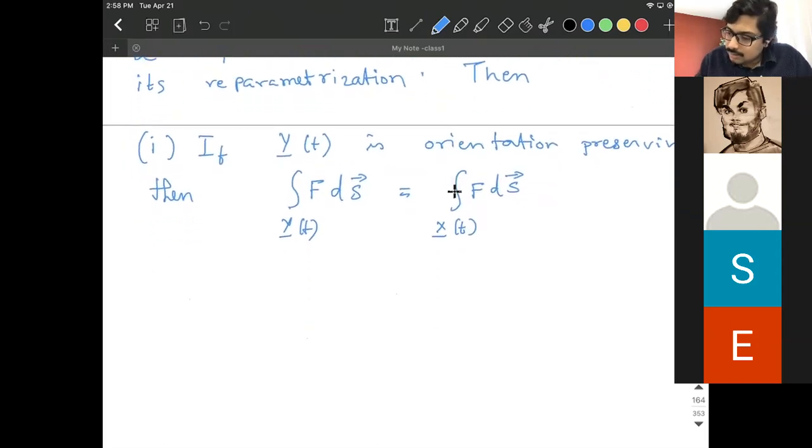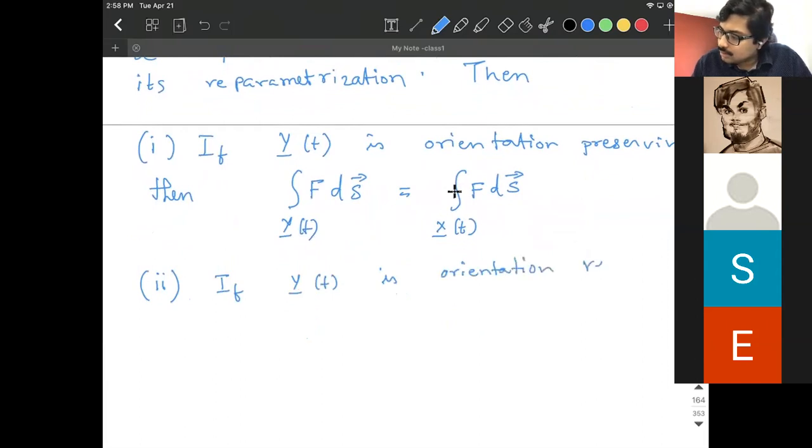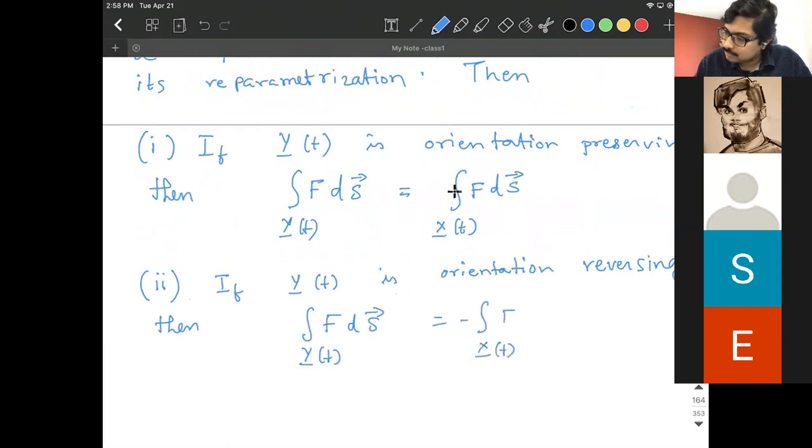And the second situation is the other case. So if yt is orientation reversing, then as expected, there is a change of sign. That's all there is. So minus the integral along xt of f ds.